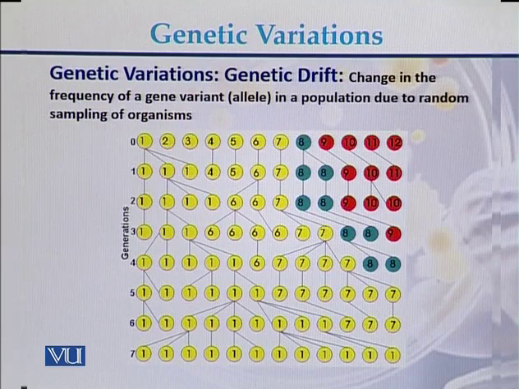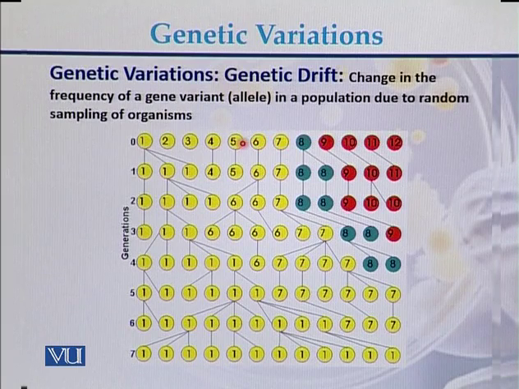The fourth type of genetic variation can be due to genetic drift. Genetic drift is a change in the frequency of a gene variant in a population due to random sampling of the organisms. In the first generation, we can see there are 3 alleles. Allele 1 is marked with yellow, allele 2 with gray, and allele 3 with red.